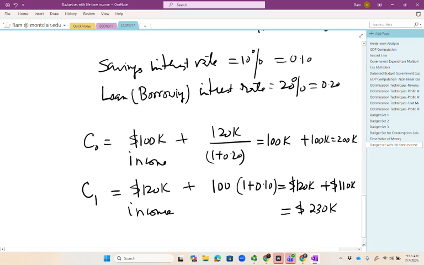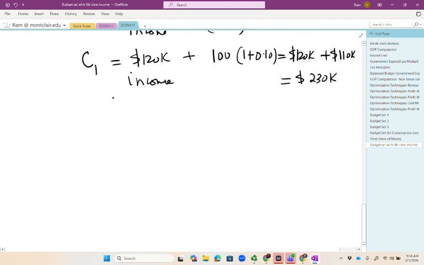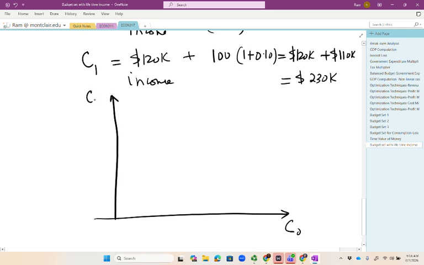So let's go again. C1 on the vertical, C0 on the horizontal, and we know that the endowment is always available.